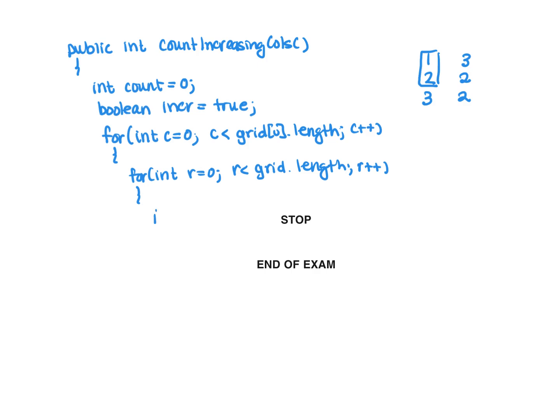So I'm going to say if our grid at R, C, which would be this one right here, if that is greater than grid R plus 1, C, then we know it's no longer completely increasing. So I'm going to change my flag to false.